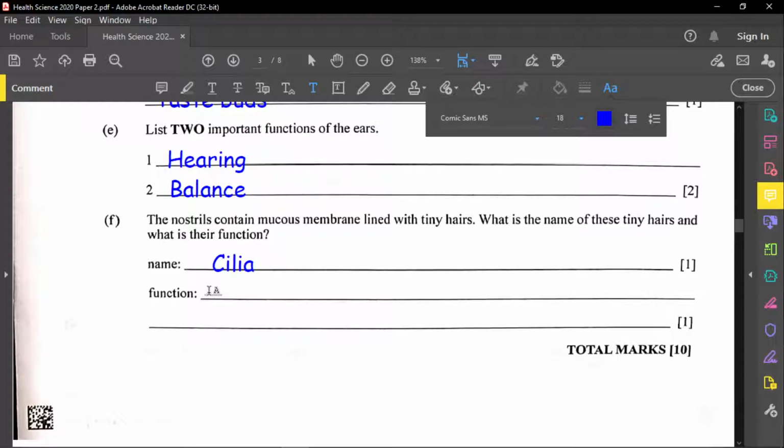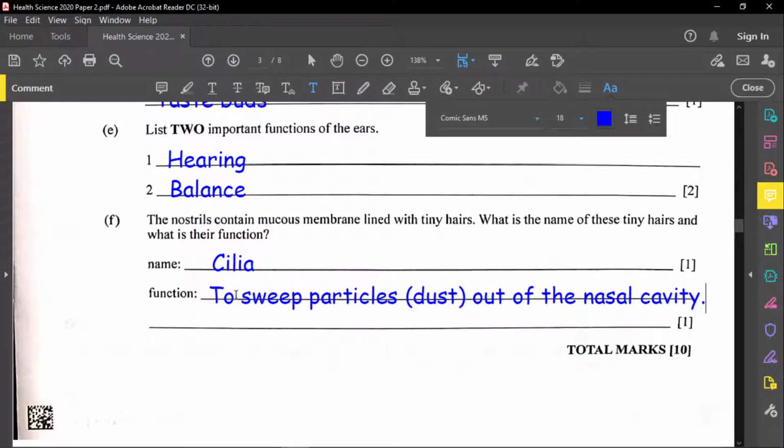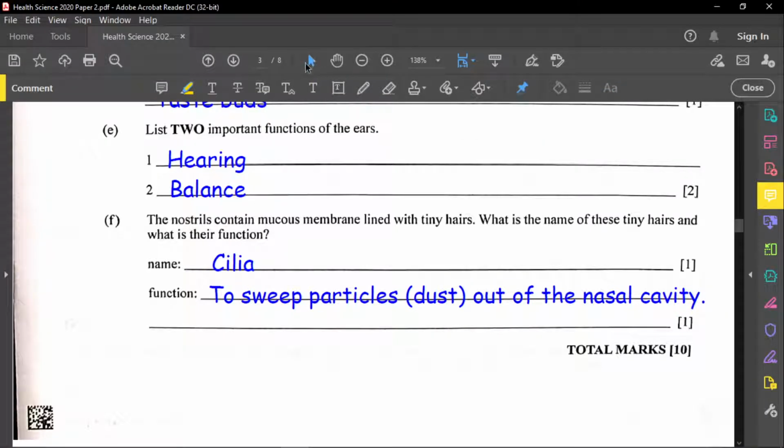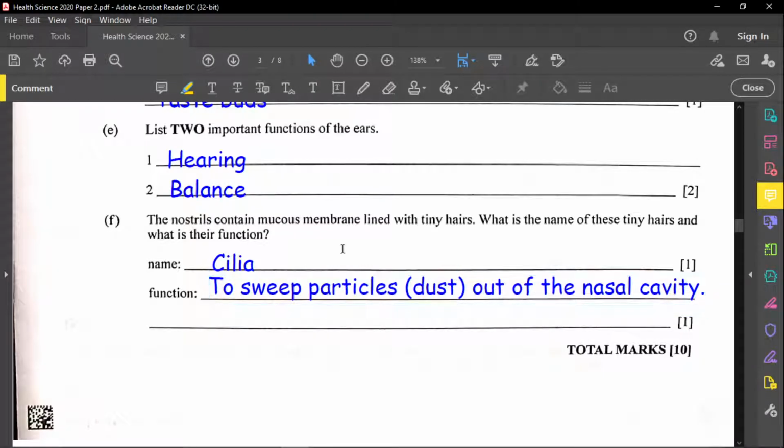The function of cilia is to sweep particles, or dust, for example dust, pollen, and those small particles, out of the nasal passage, or nasal cavity. That's the function of the cilia found in the nostril.